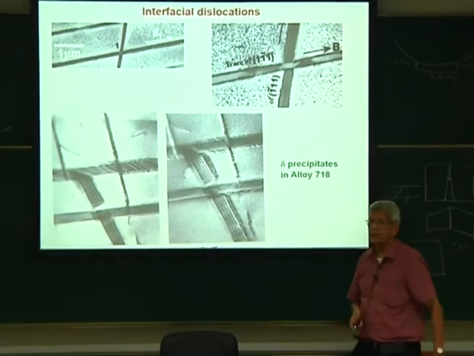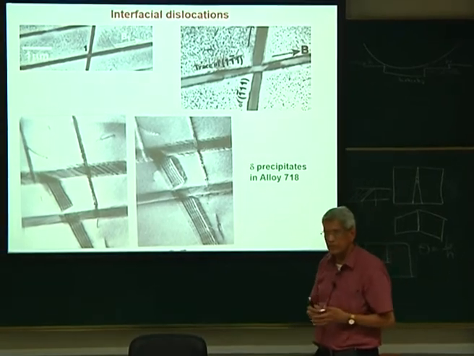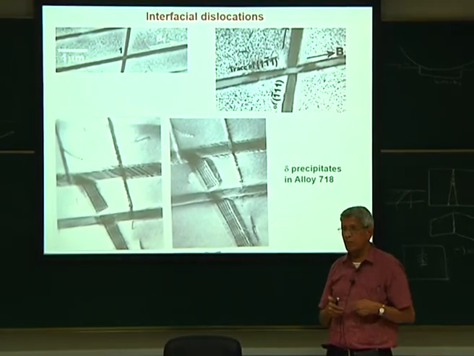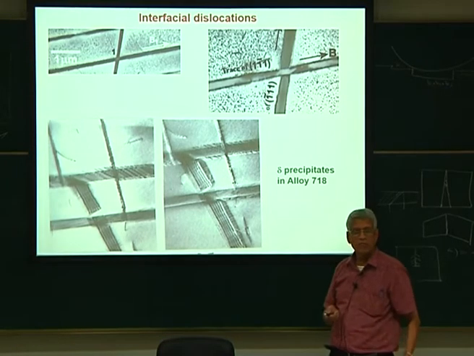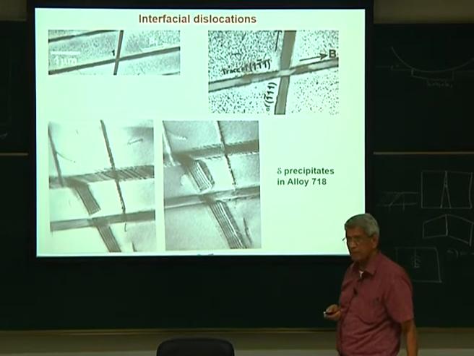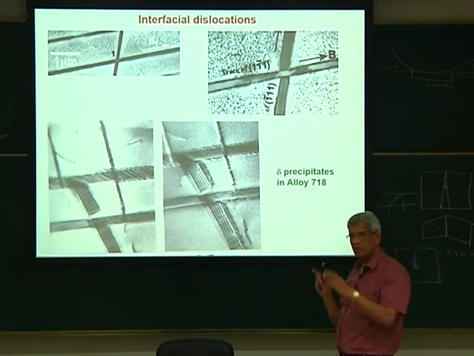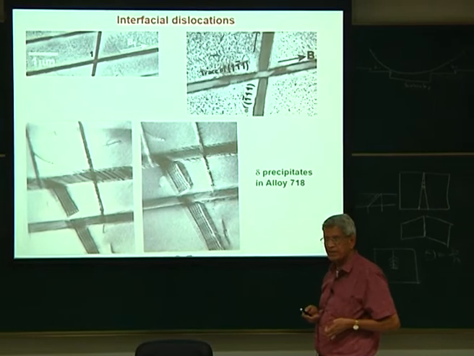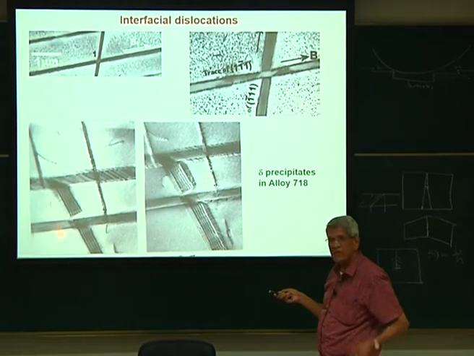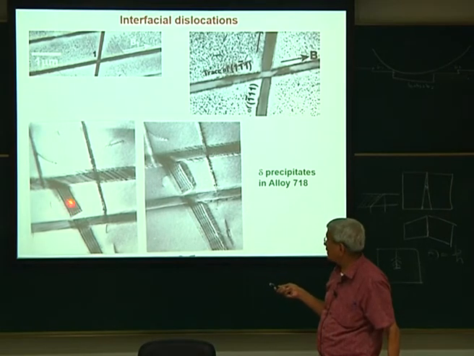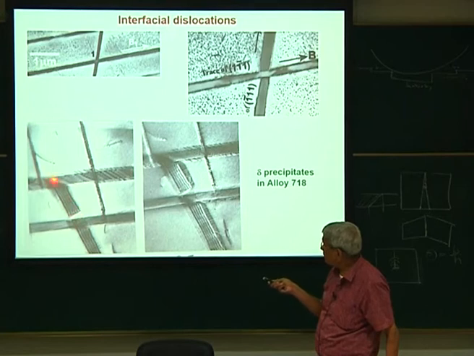Other than that, when precipitation takes place, precipitates need not always be coherent. When the precipitates are semi-coherent, we can have some dislocations at the interface. This is one picture which I showed in the first class, or the second lecture, in which there is a fringe contrast which we can see.